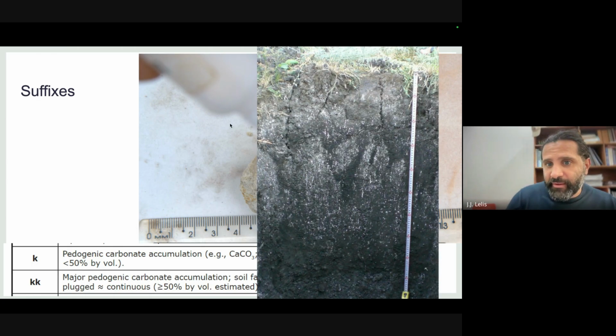Here I can see some examples. In this dark soil, these white spots are all calcium carbonate. So yes, I can just measure by volume how much calcium carbonate I have, and I can use the K or double K.